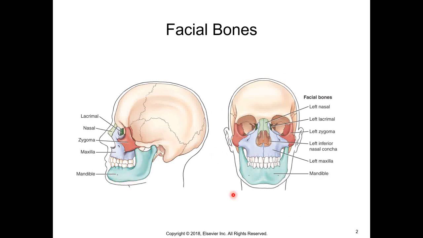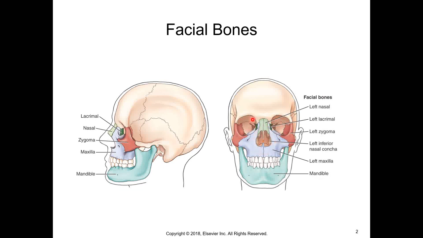Over here, if you're looking at the AP view of it, a little bit more of a breakdown. Again, now you can see both nasal bones, you can see that there is a symphysis or a junction of your maxillae. So here's your maxilla. Here, both sides, it makes up some of the orbital floor. Your left lacrimal is very dark, and you can see it there.